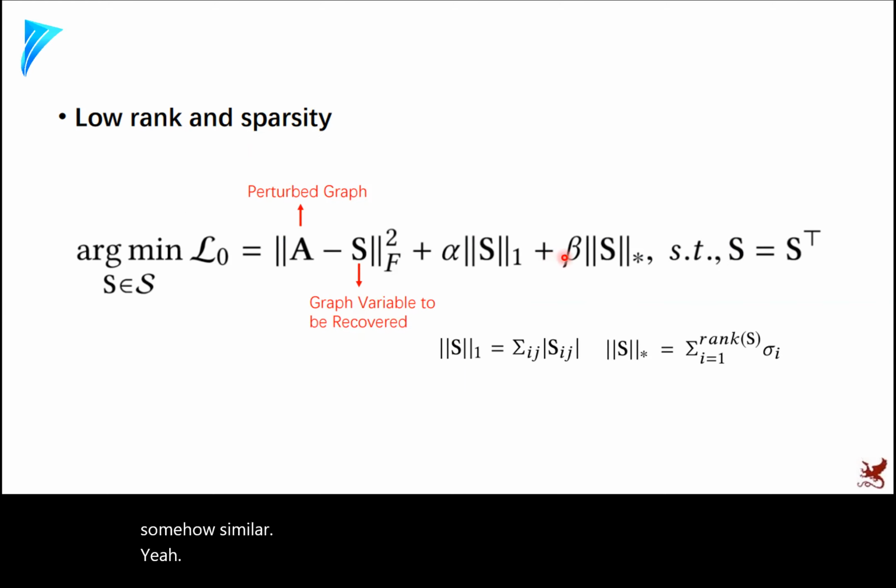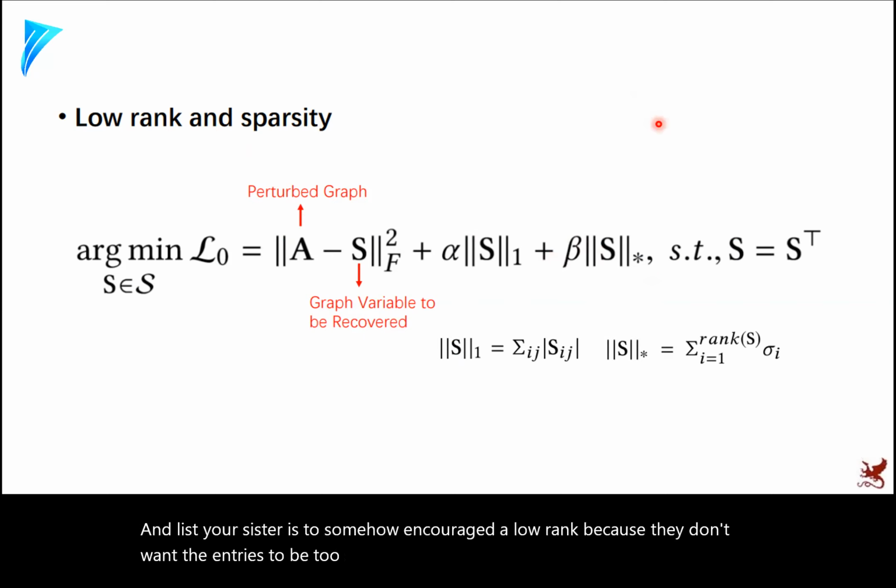This term is to somehow encourage low rank, because they don't want the entries to be too large, like the sum of the column or the row to be too large.